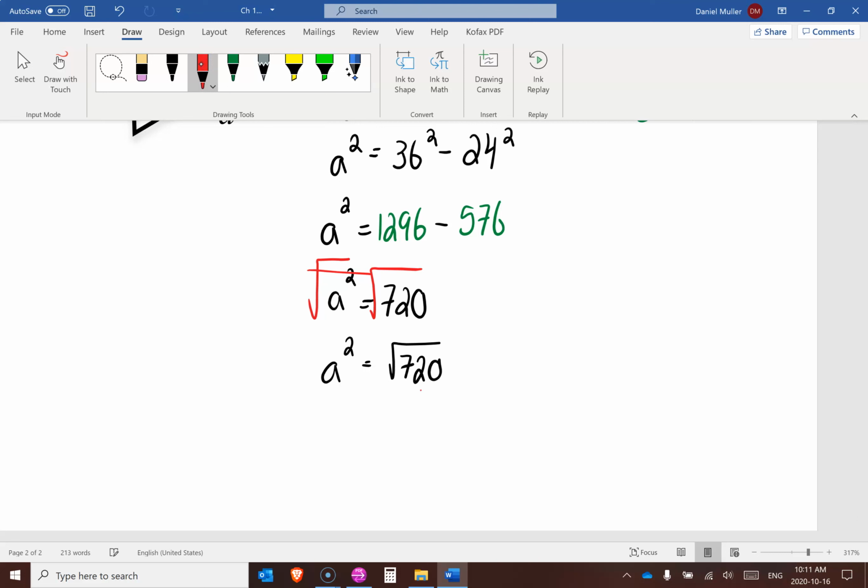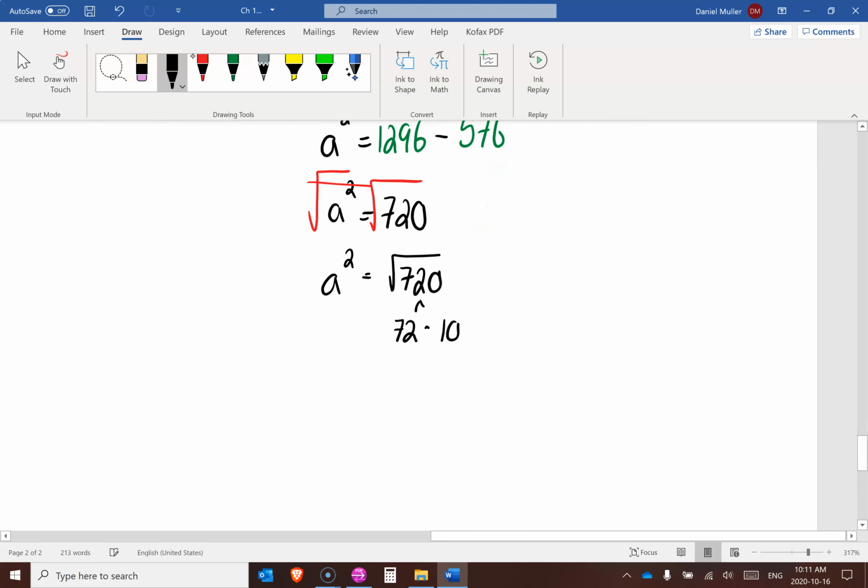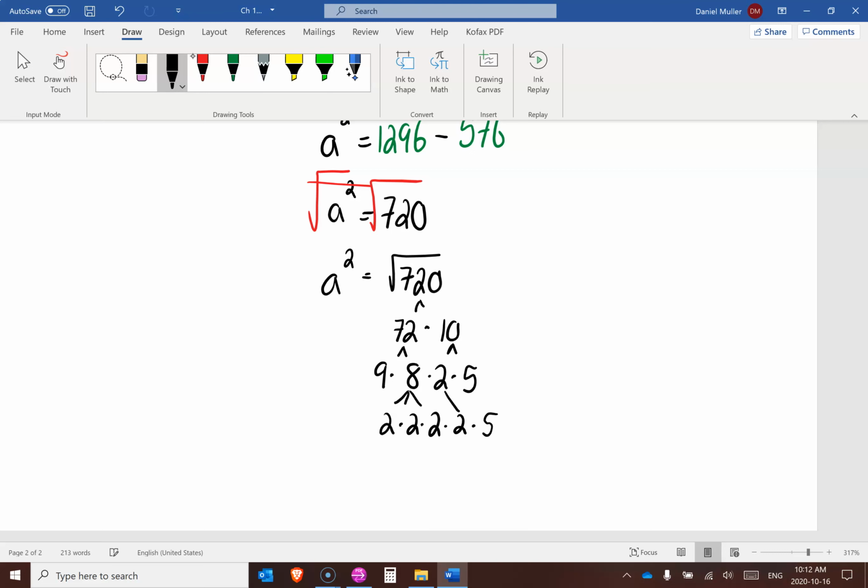That's an easier tree to make, because this will be, sorry, a 72 and a 10. And 72 is just 9 times 8. And a 10 is a 2 and a 5. Now 8 always breaks up to 2, 2, and 2. 2 times 2 times 2 is 8. Of course, I can carry this 2 and the 5 down.